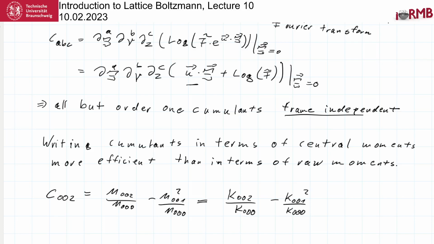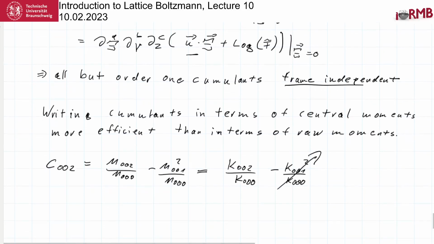Why is it more efficient to write it this way? Because the central moment K001 is 0, and for higher cumulants there are many more of these guys. So now we have some simplification here.